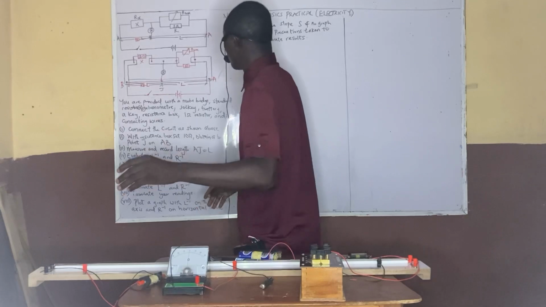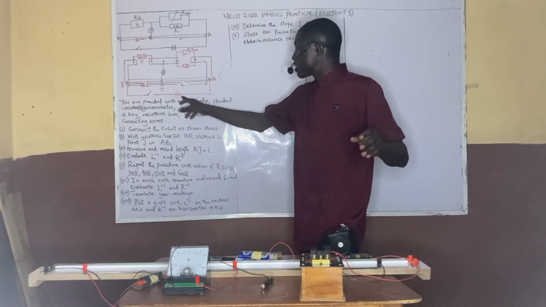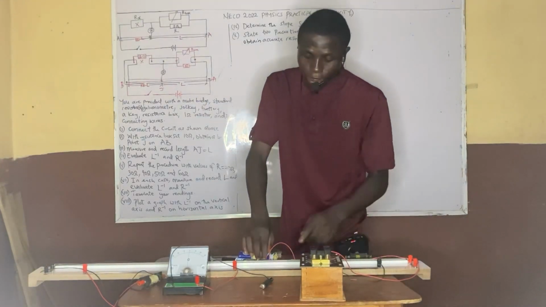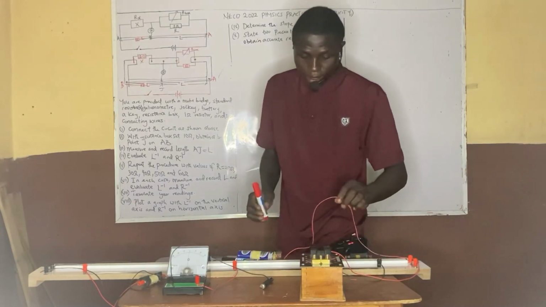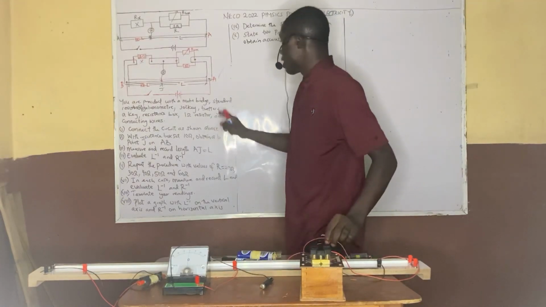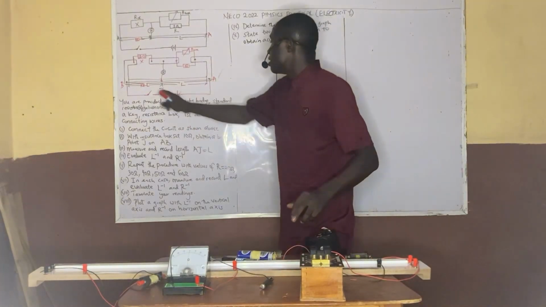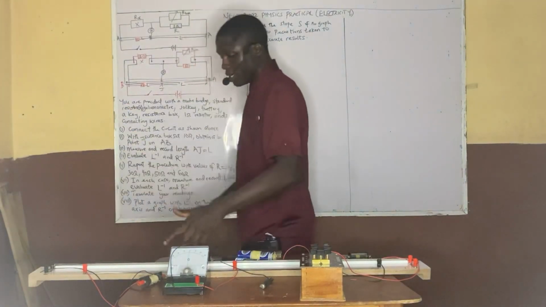Now, point A is connected to the positive end of the battery. You can see the wire here is red, connected to the positive end of the battery. The B is connected to the negative, which is connected to the key.